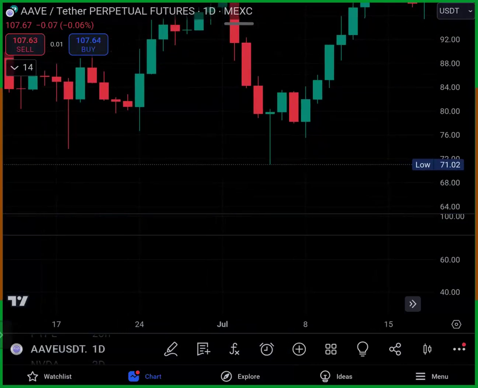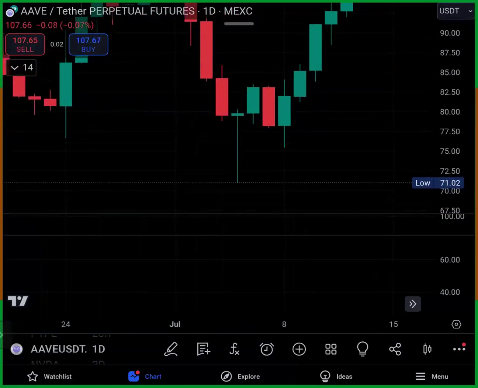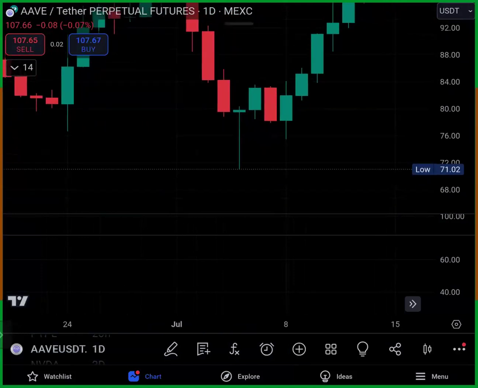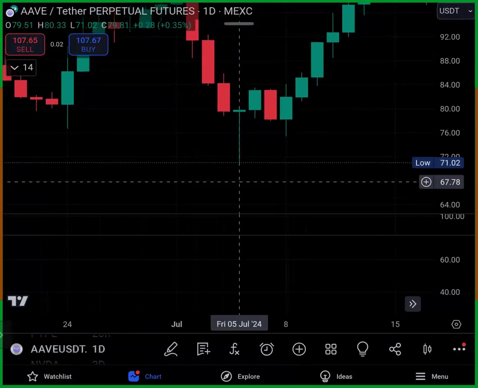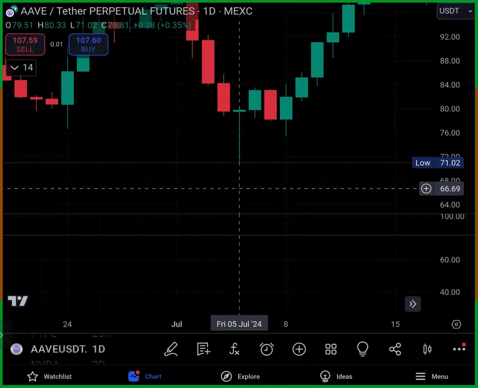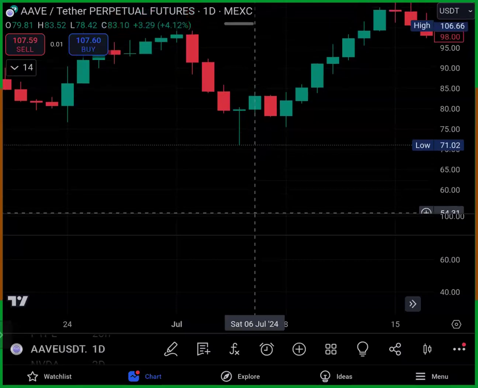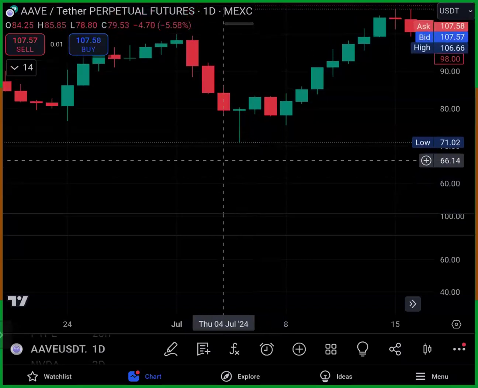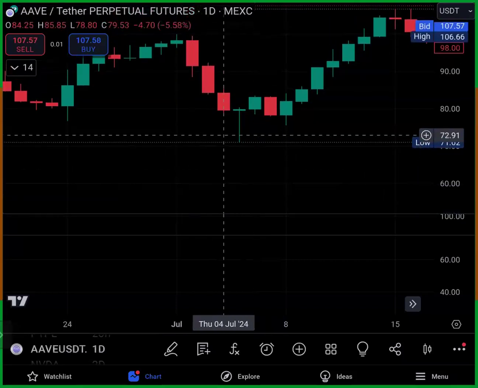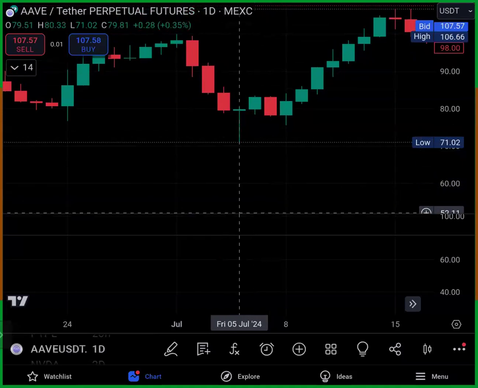All right, so okay, y'all see this? I found it. Here goes the dragon doji right here. It came up on a downtrend, and here we go, the dragon doji.